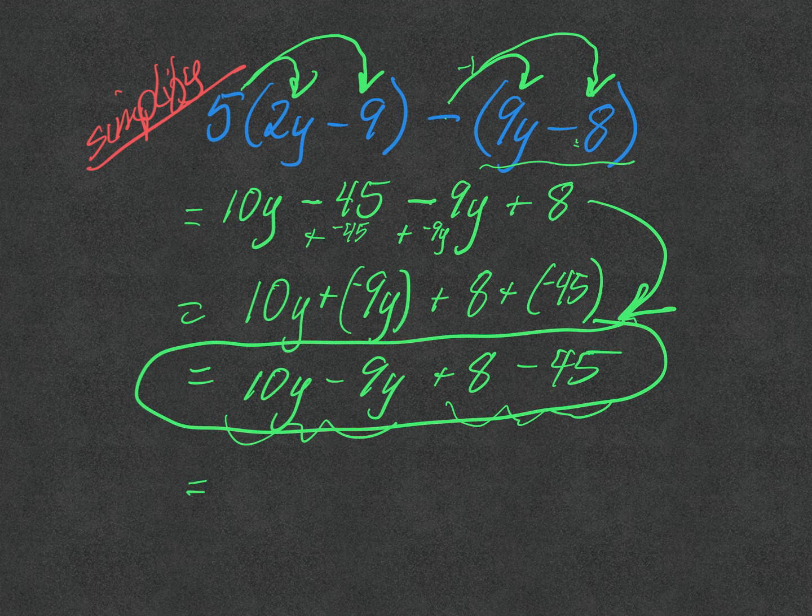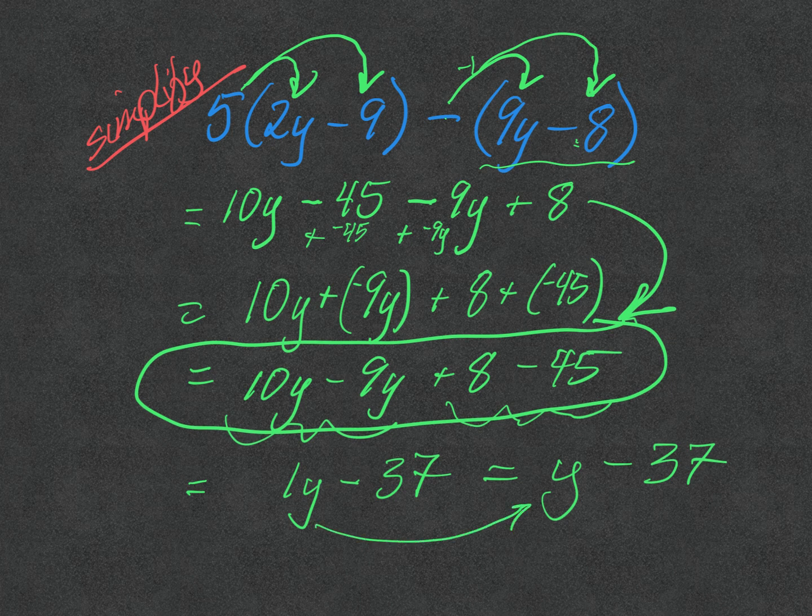So 10y minus 9y is 1y. And then 8 minus 45 is -37. And so we get y minus 37. You can leave it as 1y, but it's accepted to change it to y.